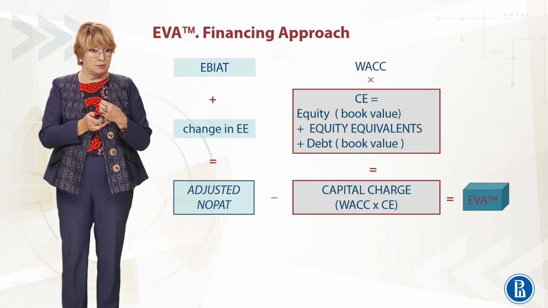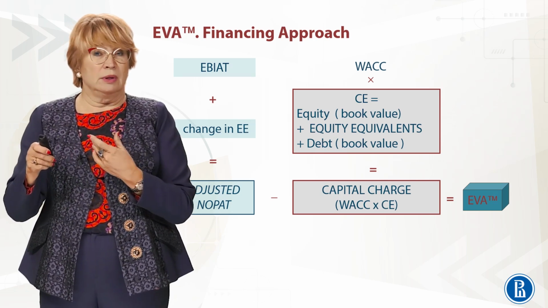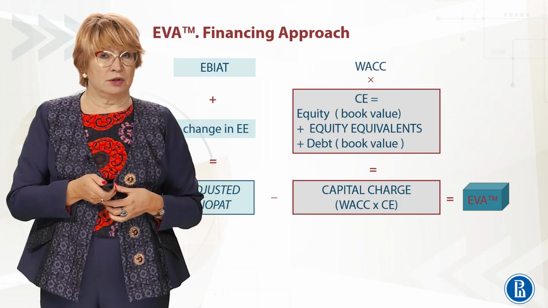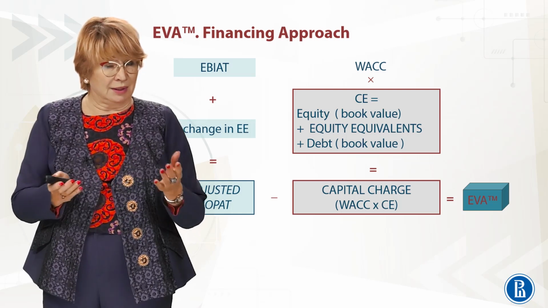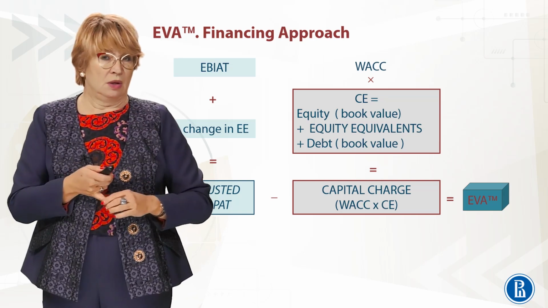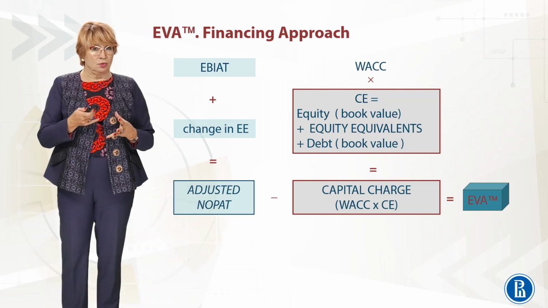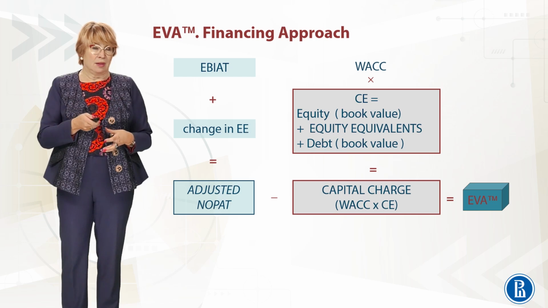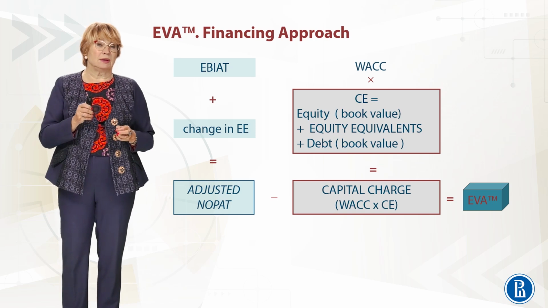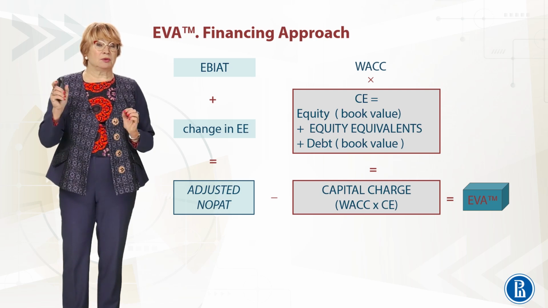Without equity equivalents, on the asset side, on the capital side, you will still have the same capital employed as shown in your financial report. But the whole conception of EVA by Stern Stewart requires that you think deeper, identify some of your strategic expenses, capitalize them, and increase your asset base by these homemade assets.